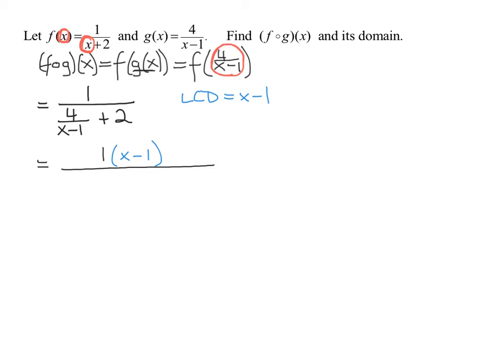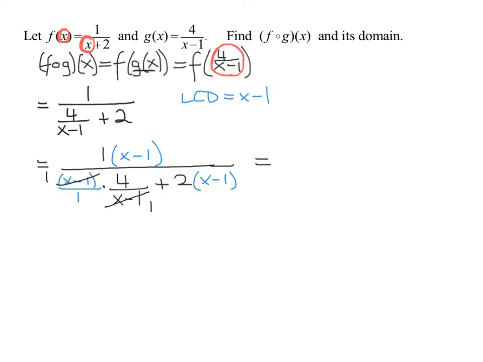Since my first term is a fraction, I'm going to multiply it by x minus 1 over 1. So multiplied by my first term in the denominator was 4 over x minus 1. Then plus 2, and don't forget I also have to multiply the 2 times x minus 1.